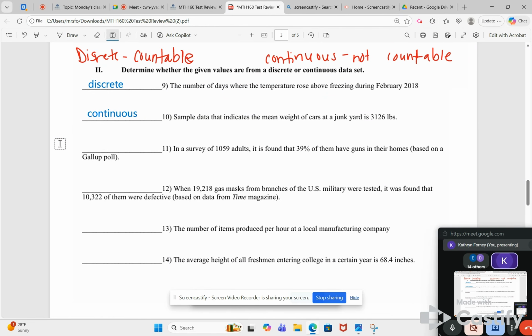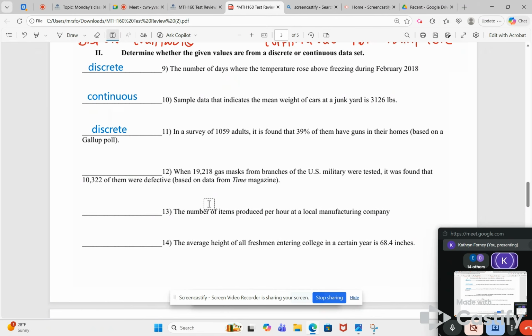All right. In a survey of adults, it is found that 39% of them have guns in their home. Can you count the number of yeses and the number of nos? Yes, so that would be discrete. Okay. So when gas masks from branches of the U.S. military were tested, it was found that 10,322 were defective.